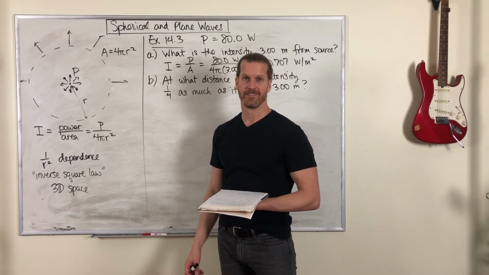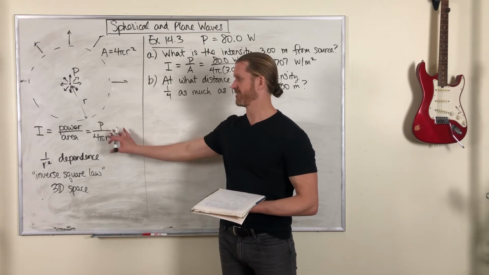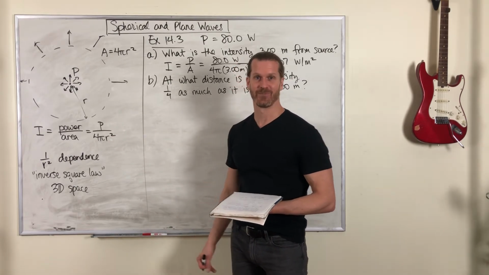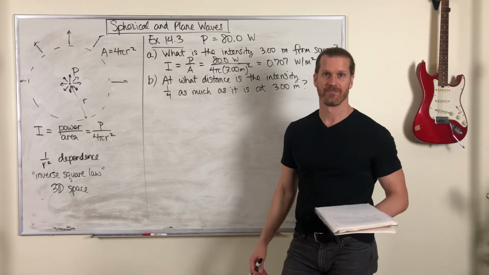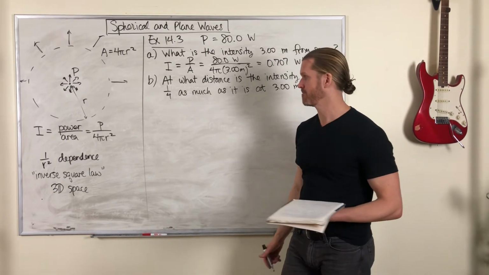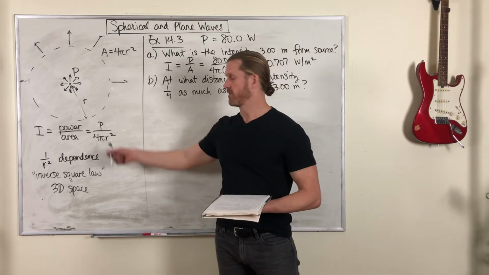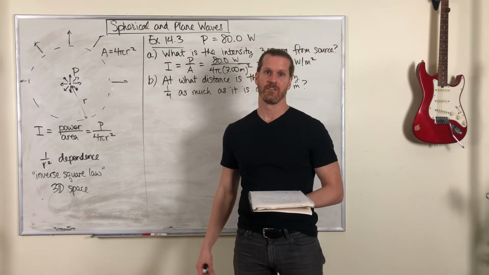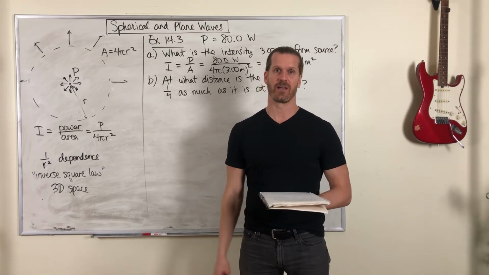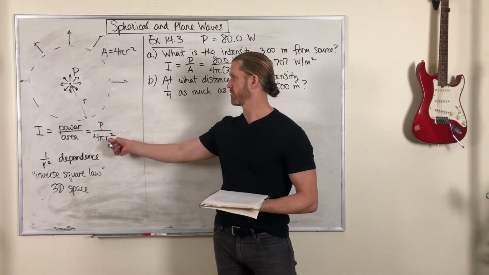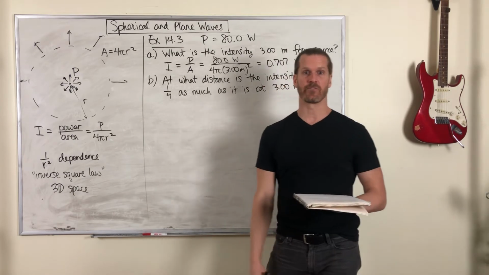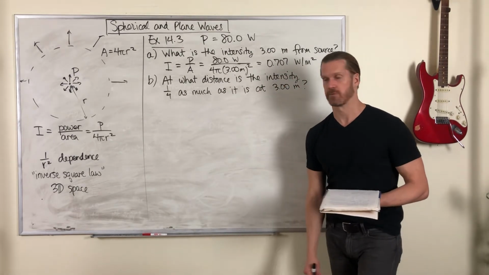And doing the algebra in your head, that would give you 1/4 the intensity. Doubling the distance decreases the intensity by 1/4. That's just what happens when you have an inverse square relationship.